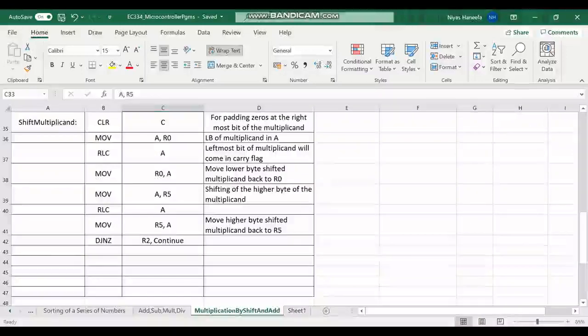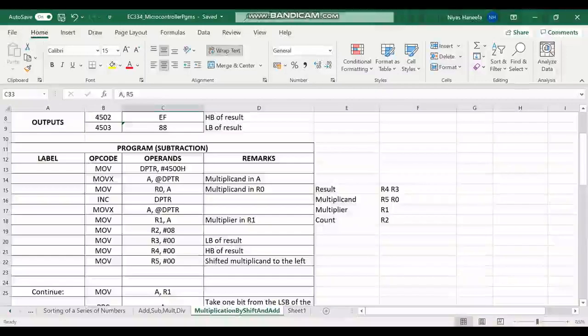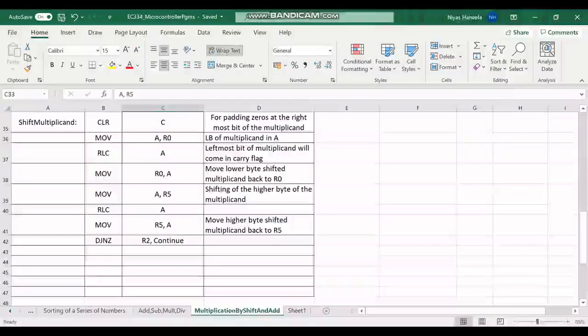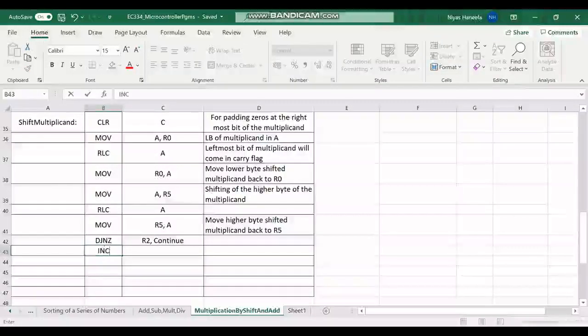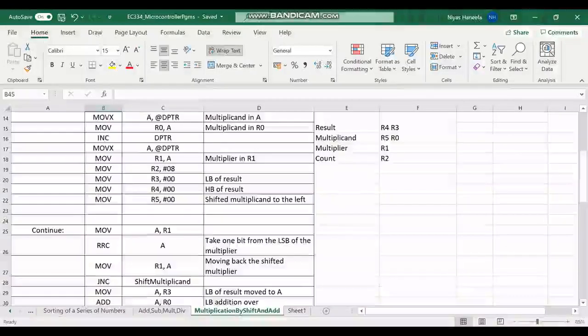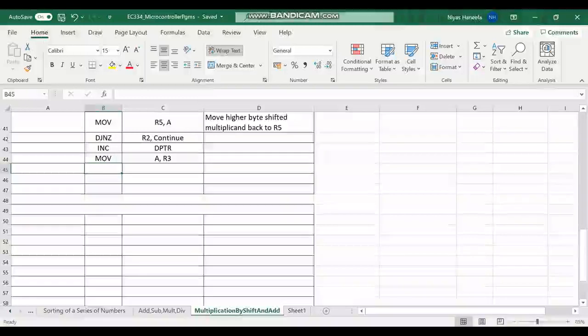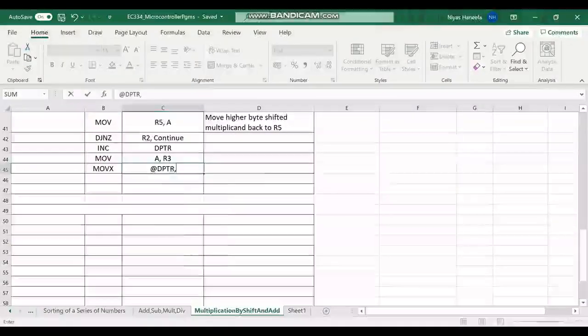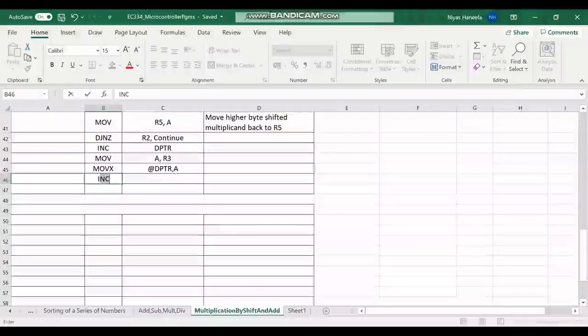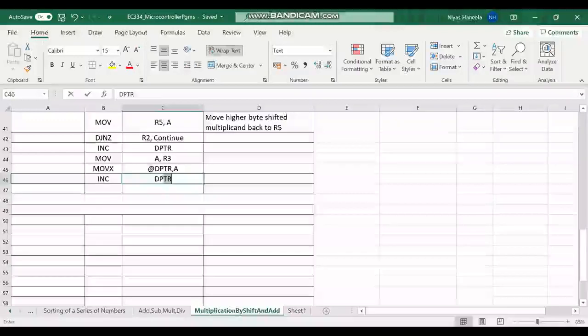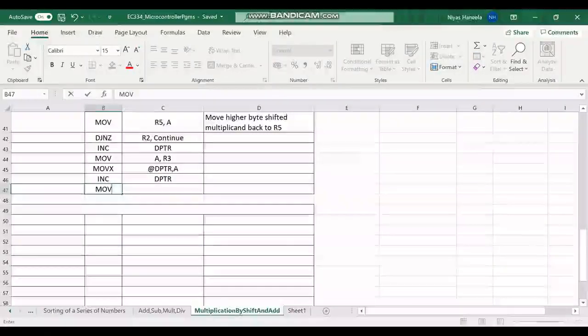Once you do this operation, we'll have the result in R3 and R4. So we'll increment DPTR, then move A comma R3. R3 is the lower byte, right? Yes. So move A comma R3, then MOVX @DPTR comma A, then increment DPTR for saving the next thing.